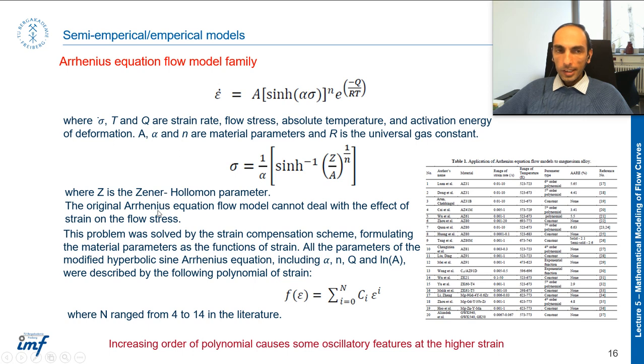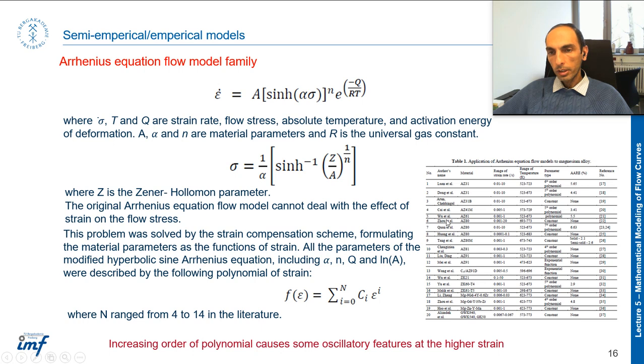The disadvantage of this model is that in the original form of the Arrhenius equation, or this Arrhenius equation flow model family, we call it family because many other flow models, mathematical or semi-empirical models, are developed by different researchers.